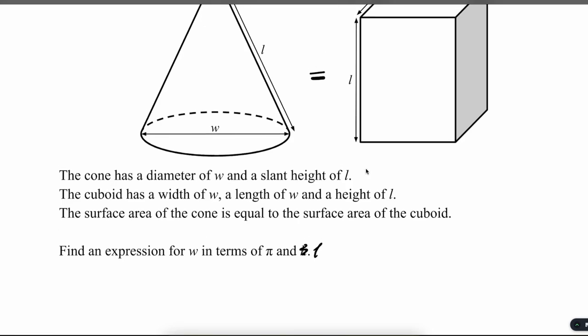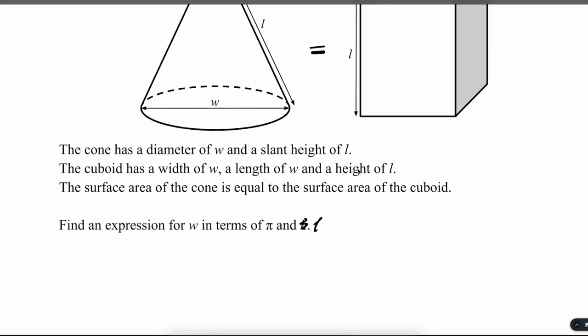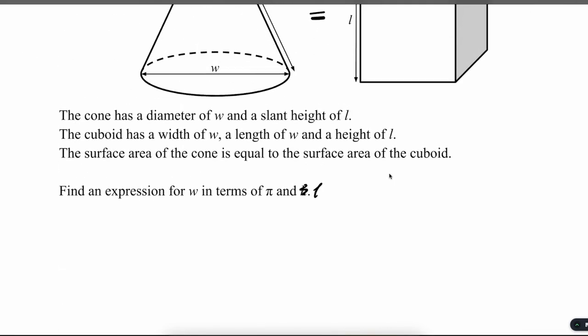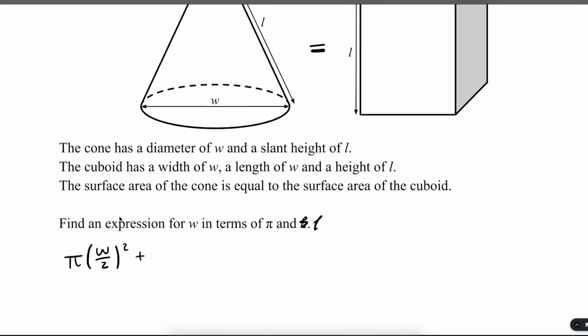So to find an expression, well, let's first worry about surface areas. So the surface area of a cone is pi r squared on the bottom, so you've got pi (w over 2) squared, and then we've got the curved surface area, which is the circumference, pi w, times l over 2.